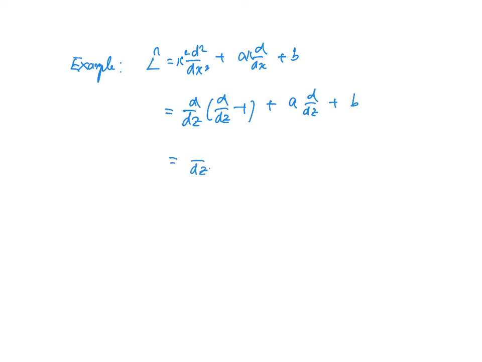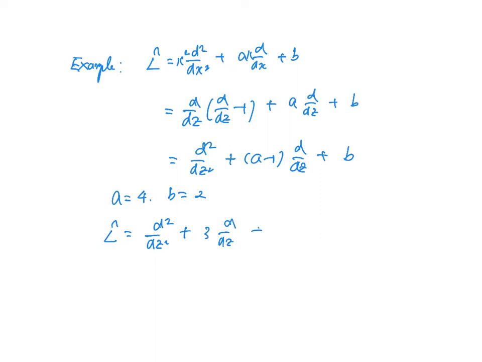So dz squared d squared plus a minus 1 dz d plus b. So for example, a is 4, b is 2. Then L is simply dz squared plus 3 dz d plus 2, right?